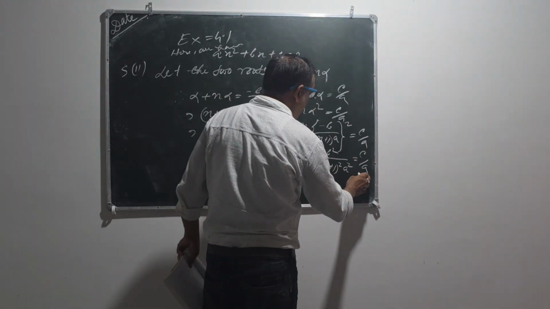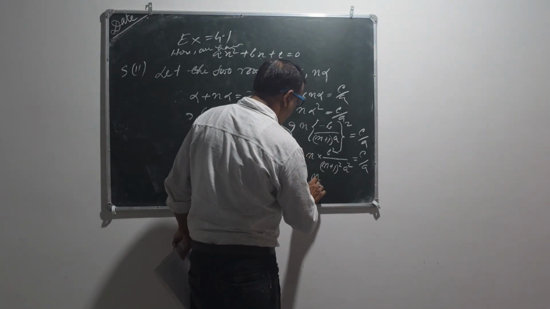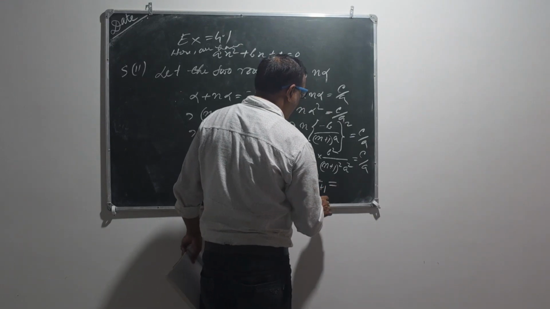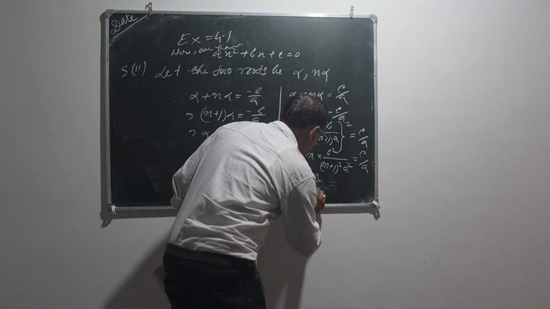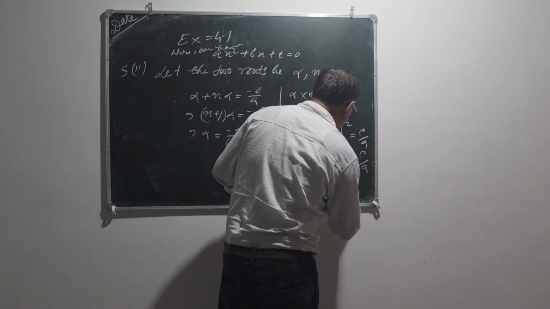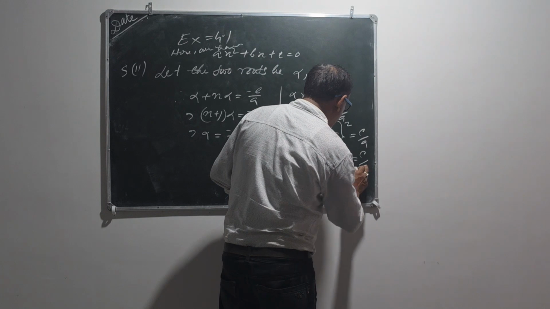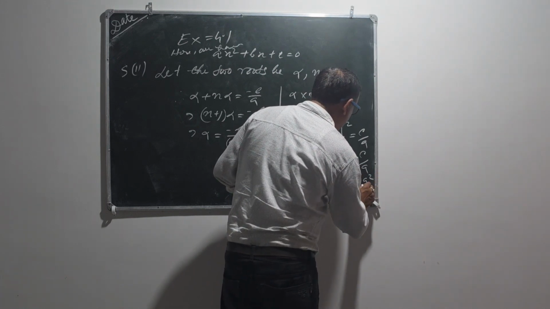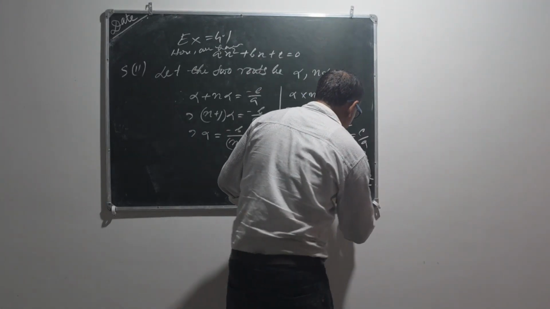So we can remove 1a from both sides. Then it will be, let us write n by n plus 1 whole square is equal to, we can write here, c by a. First of all, a square will go up, this will come down, a will go up. So finally, we can say 1a will be cancelled.